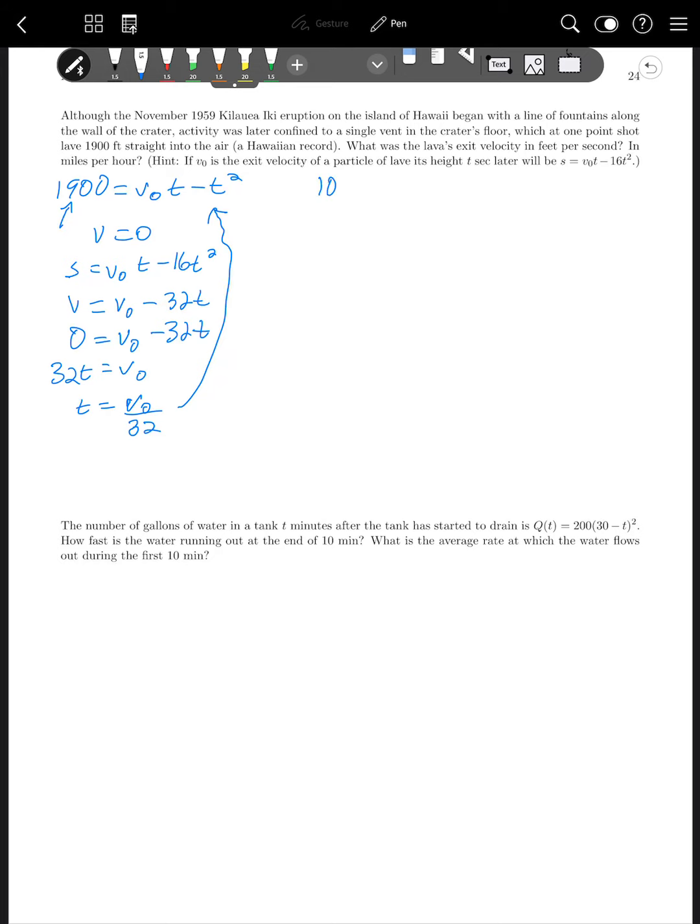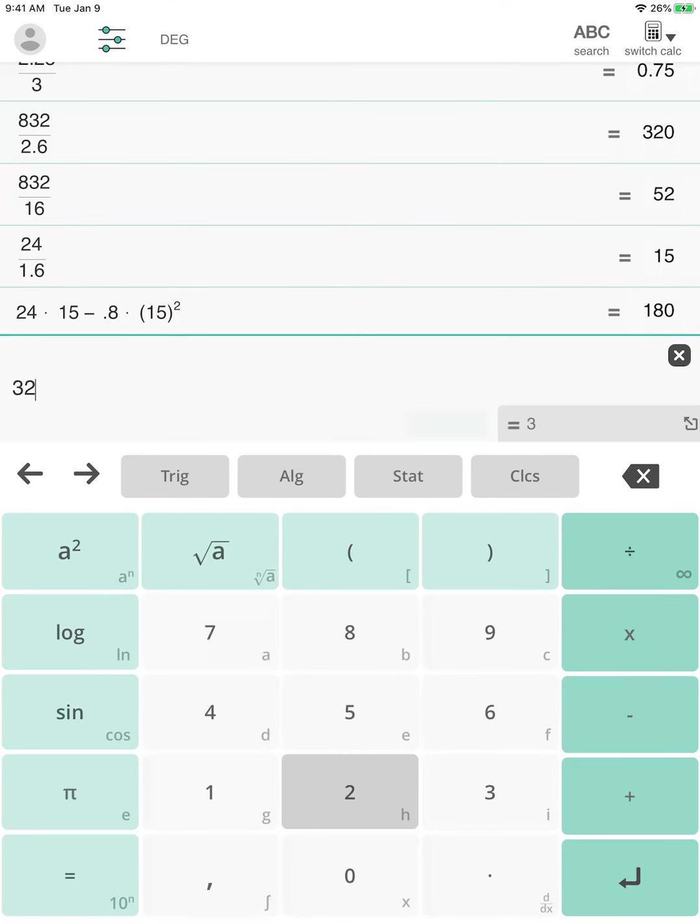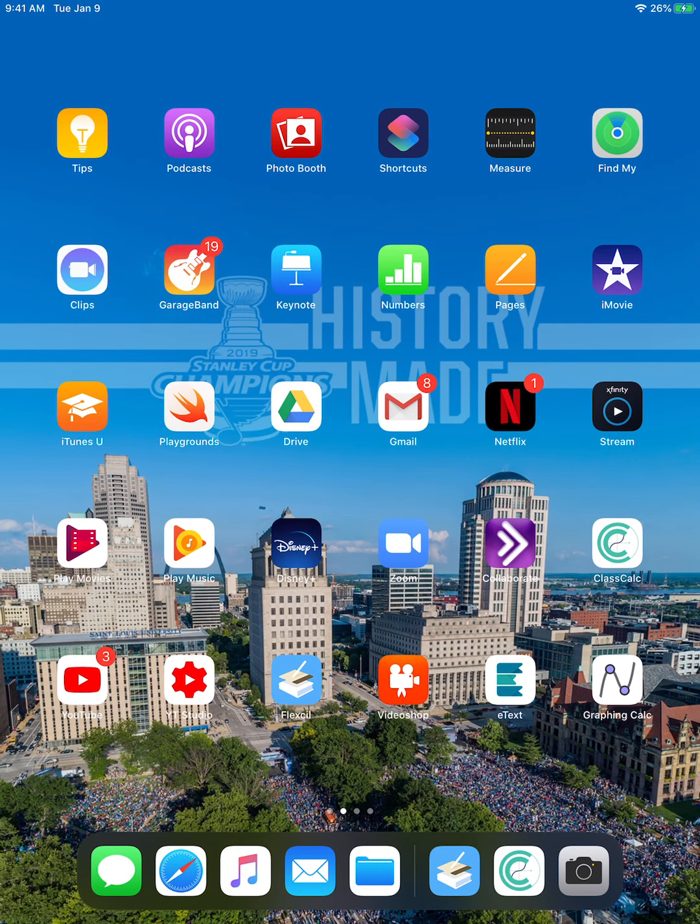So 1900, let's actually rewrite it like this: v naught times v naught over 32 minus 16 times v naught over 32 squared equals 1900. So that's v naught squared over 32 minus v naught squared over 32 squared. 32 squared is 1024.